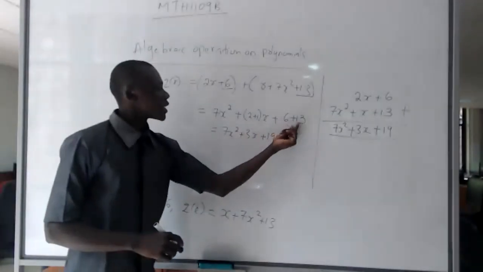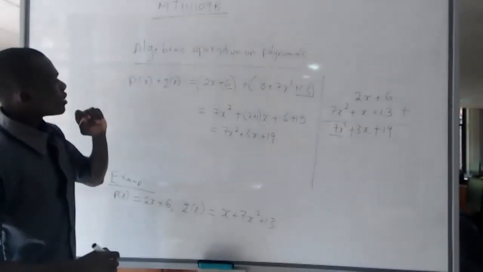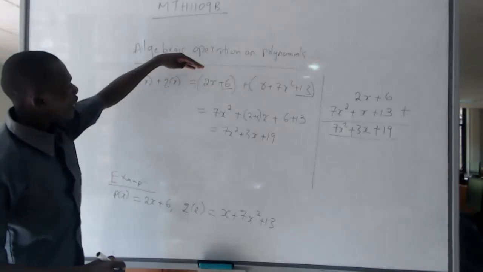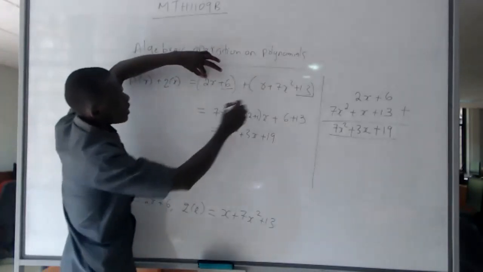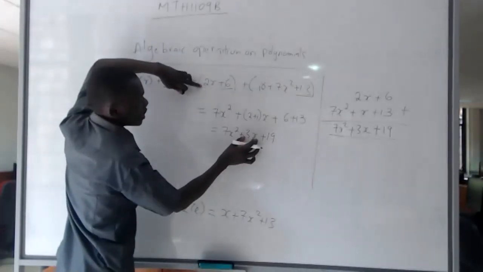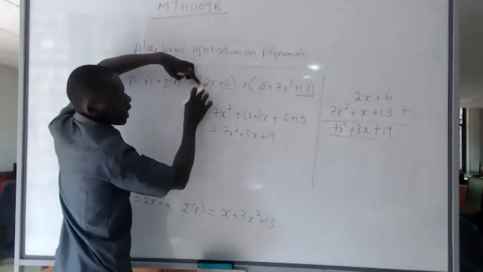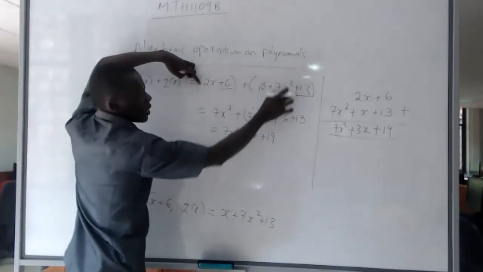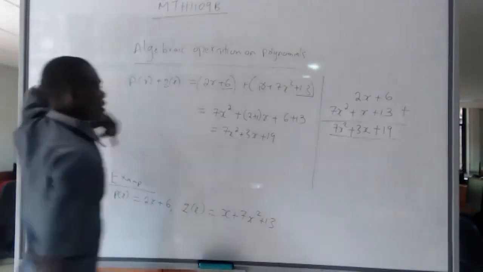So I will have 6 plus 13 giving me 19. The coefficients of x, so the linear terms, will be 2 this side and 1 this side. So I take 2 plus 1 giving me 3. And then there is no coefficient of x squared on this one. There is only one coefficient of x squared, 7. So I have 7x squared plus 3x plus 19.